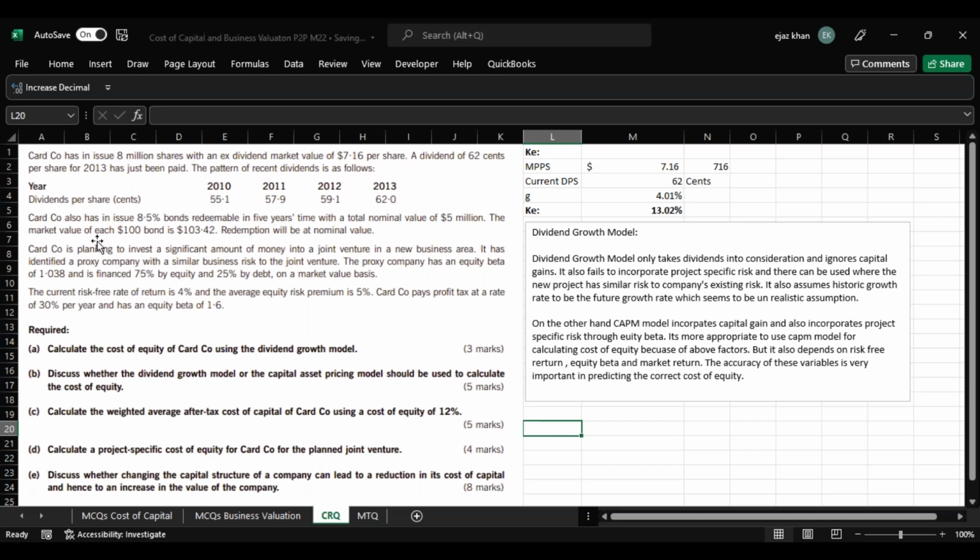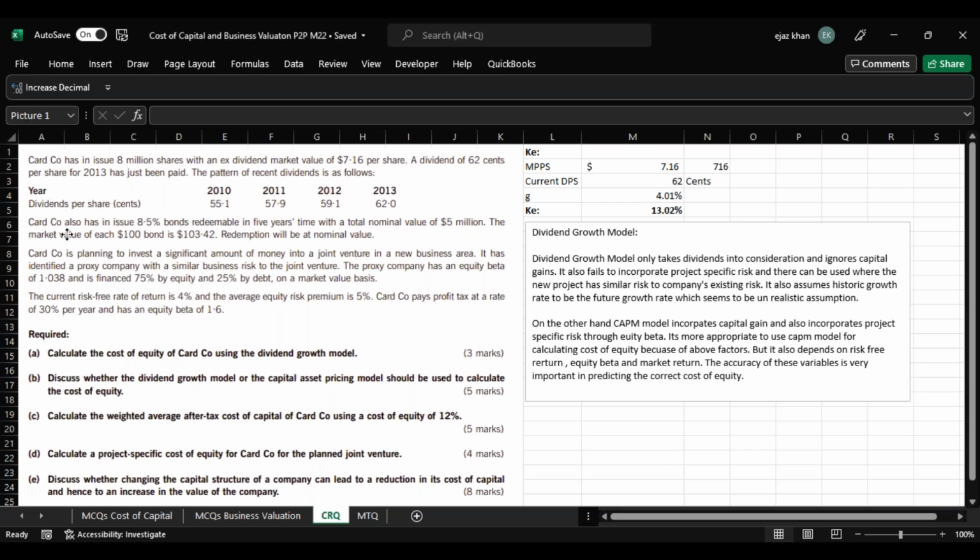So let's look at the question and see what source of debt, what type of debt, we have. Card company also has in issue 8.5% bonds redeemable in 5 years' time with a total nominal value of $5 million. The market value of each $100 bond is 103.42.